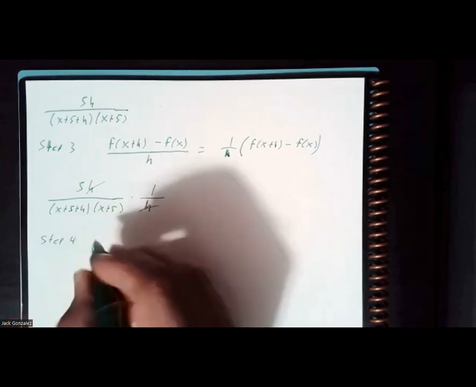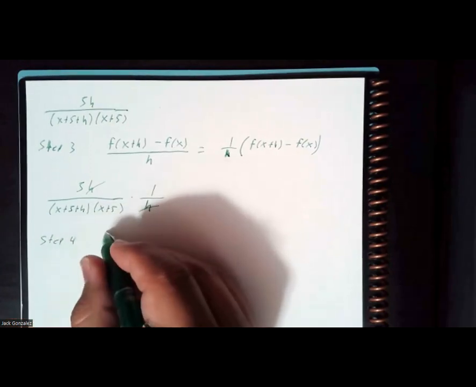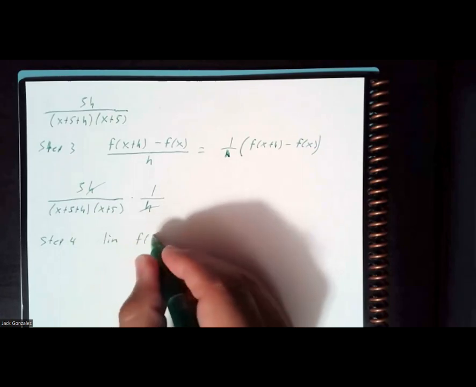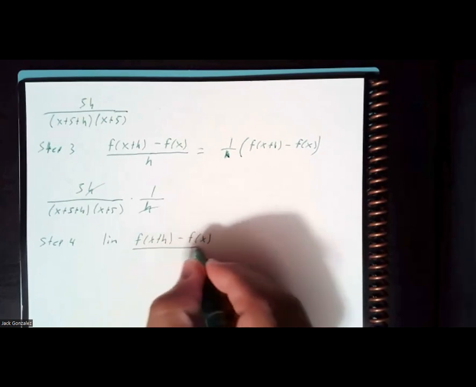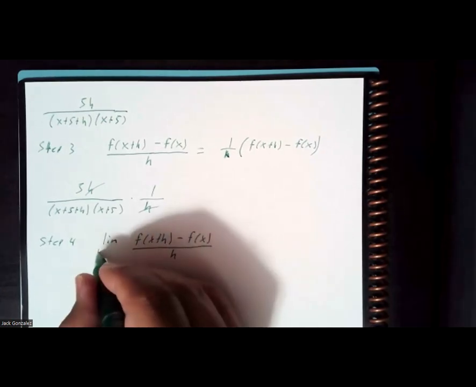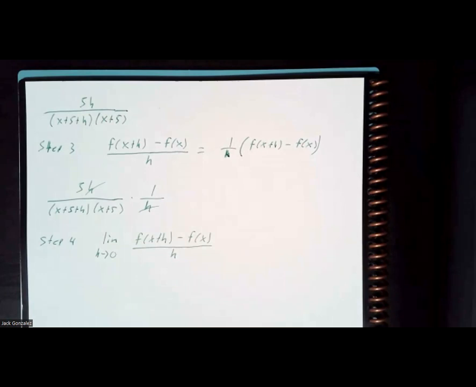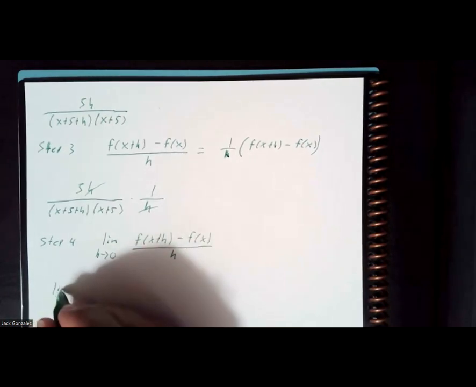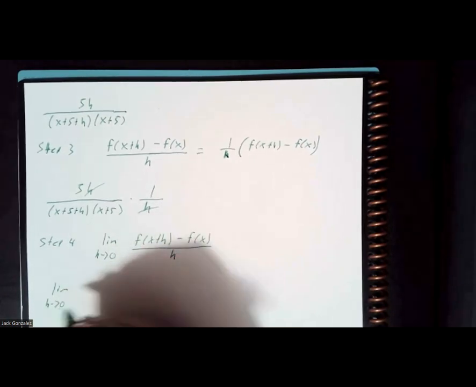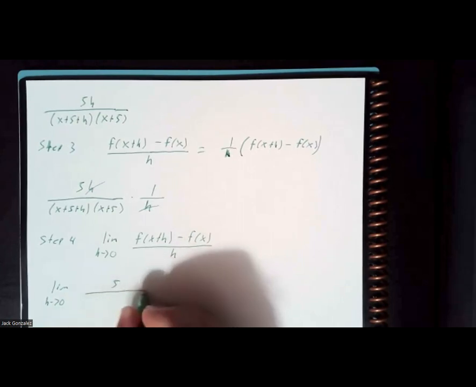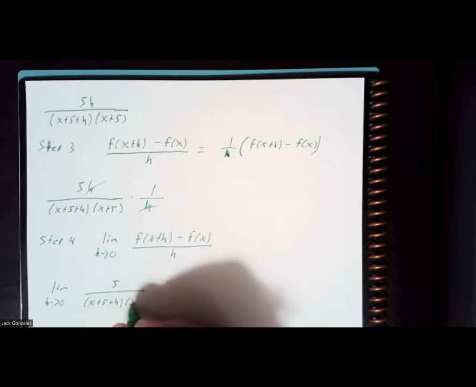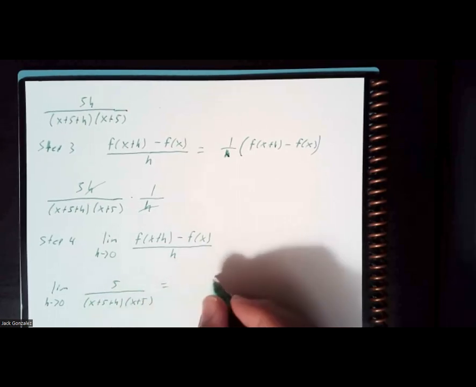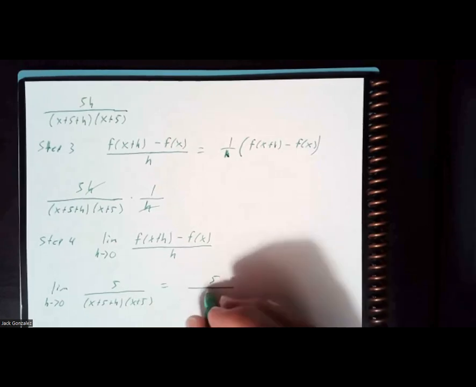Step 4, just go ahead and take the limit at this point. So the limit as h goes to 0 of 5 over x plus 5 plus h times x plus 5 will be 5 over x plus 5 times x plus 5.